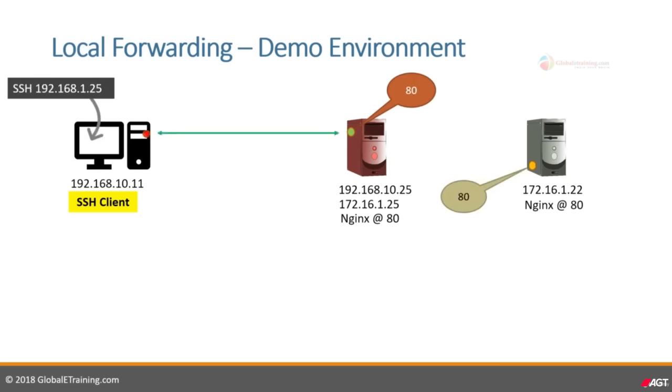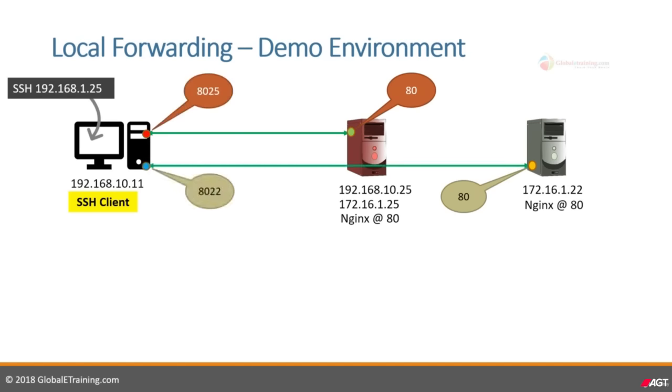Here is the exact same diagram, but I have some IP addresses and some specific ports to give you a good understanding. The client machine IP is 192.168.10.11, which is on our bridge network within our VirtualBox environment. And the one in the middle, which has the IP addresses ending in .25 and .25, of course, is on the 192 network and the 172 network.